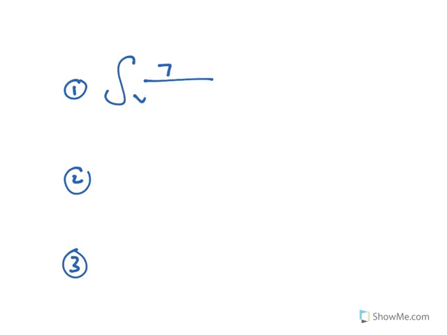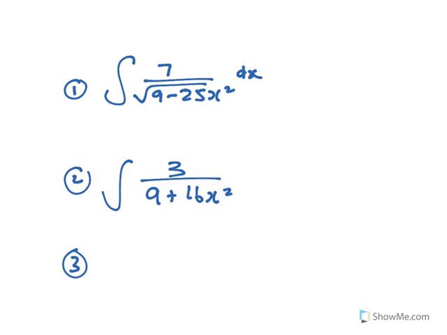So we'll just run through integrating a few of these. I'll do one of each type. So the integral of, say, 7 over the square root of 9 minus 25x squared dx. Integral of 3 over 9 plus 16x squared.